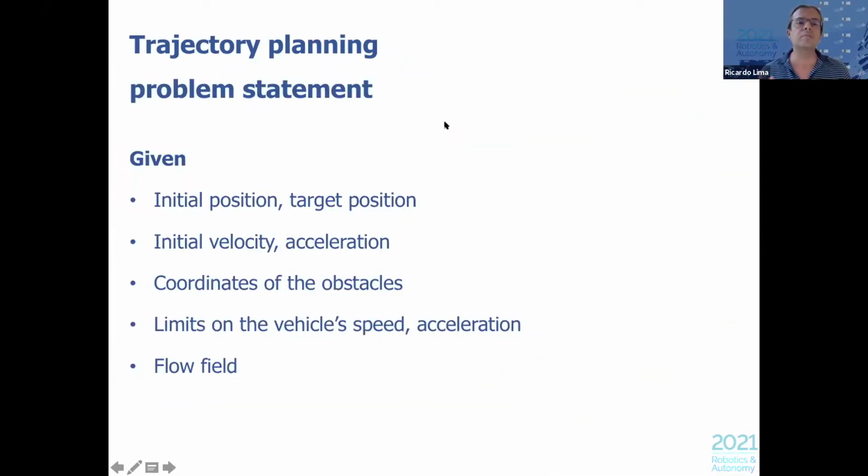And what is the problem statement of this trajectory planning problem? Generally, and then we are going to see some specific cases, we are given the initial position and the target position, the initial conditions of the vehicle, the coordinates of the obstacles, and also bounds on the vehicle speed and acceleration, and the flow field where the vehicle will navigate.